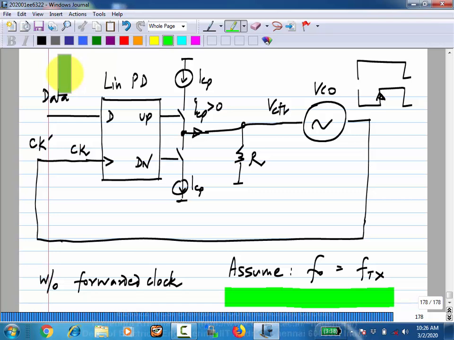Okay. Now of course, this F0 is not the same as FTX. Okay. So let's say this FTX is slightly more than F0. Okay. What happens in this case? What do you think will happen?